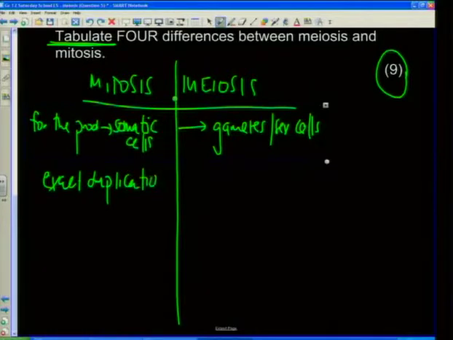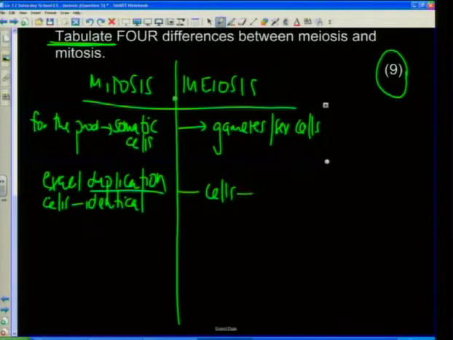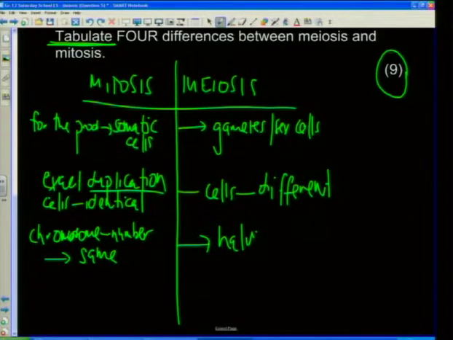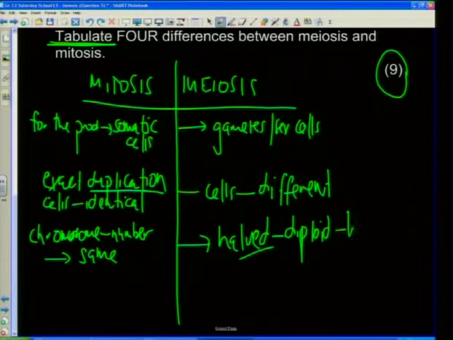And the mitosis obviously is exact duplication. That means cells are identical. In meiosis, cells formed are different. The chromosome number here would remain the same. And here the chromosome number is halved from diploid to haploid.